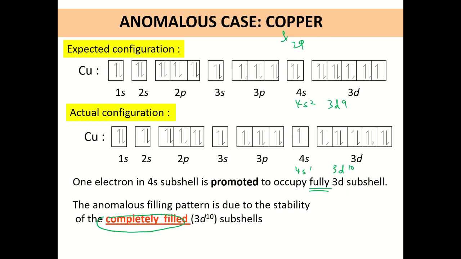Another type of stability is completely filled orbitals. For example, copper contains 10 electrons in the 3d subshell, so that means it is very stable. So instead of forming 3d9, it tends to form 3d10.